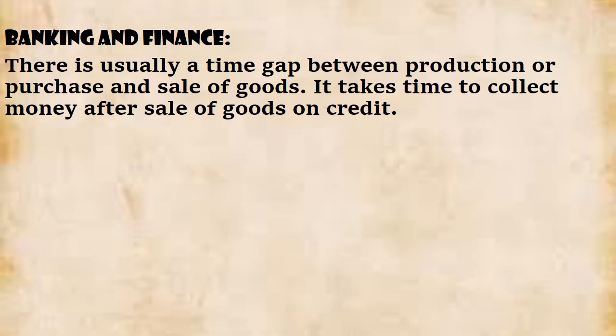If you have purchased 100 pieces of cloth to be sold, it is not that in one day you will be able to sell it. So there is a time gap between the purchase, production and the sale, and it takes time to collect the money after the sale on credit. So there is a time gap even when you sell the goods on credit. It takes time to collect the money.